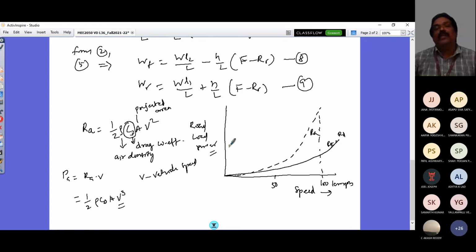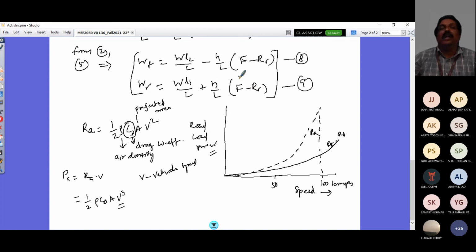So the force F minus RR, this RR is the local material phenomenon of your tire interacting with the road surface. The net force developed should take care of all these resistances to make your vehicle translate. That's the importance of aerodynamic resistance that we just looked at. We have now got these equations for the normal loads on the vehicle front and rear axle.